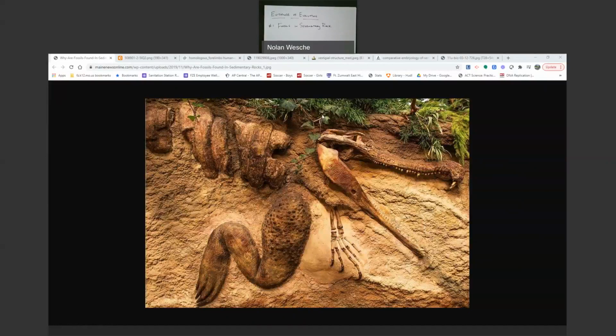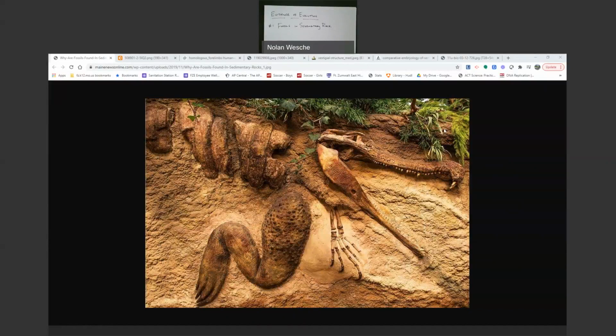So here we have a picture of a fossil, and it looks to be some sort of crocodilian or dinosaur precursor or ancestor, and we can see that it's been preserved in rock. Now, sedimentary rock is when sediments accumulate on top of a specimen and they cement together, and then they can be uncovered as weathering and erosion bring those pieces back to the surface.